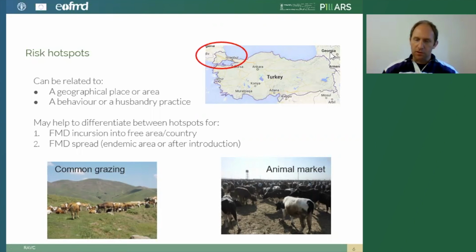Along its eastern borders, there are a number of FMD endemic countries, and several areas where there is political and civil instability, which always promotes animal disease transmission, among many other things. So you have a risk of foot and mouth disease entering Turkey here, new strains, for example, and this is also drawn by higher prices often in Turkey.